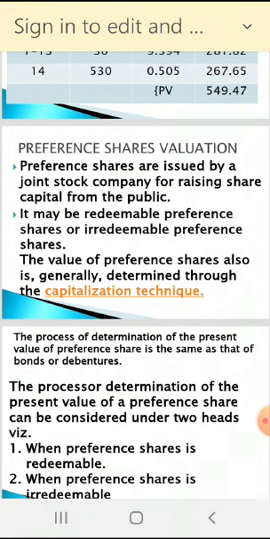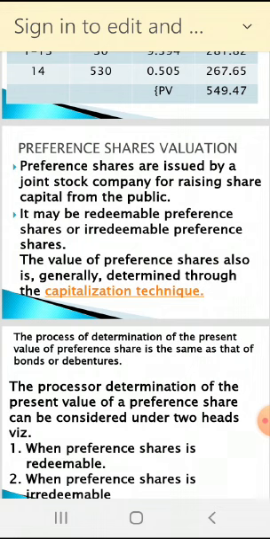Irredeemable means it is forever. We are not going to pay the money back to the preference shareholders for the life of the company. That is known as irredeemable preference shares. Is it clear?